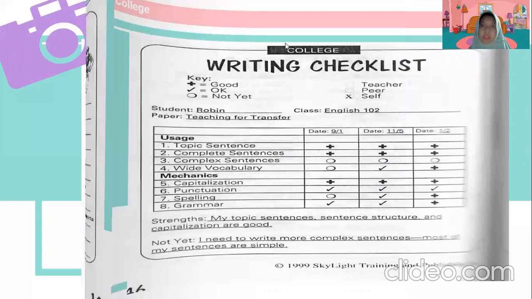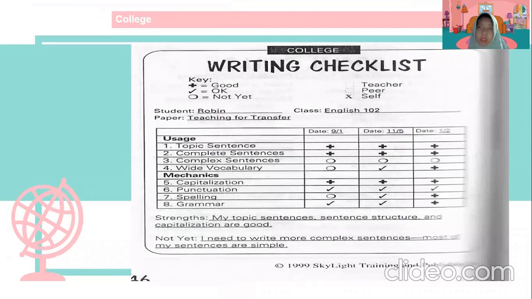And the next will be the example of an observation checklist for college or university. This is also an example of a self checklist. As you can see here, the student puts a cross in the self cell.